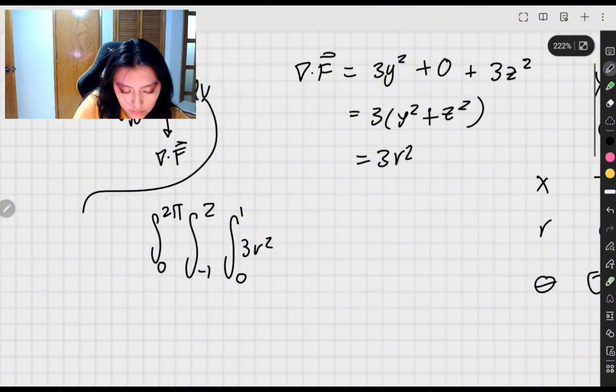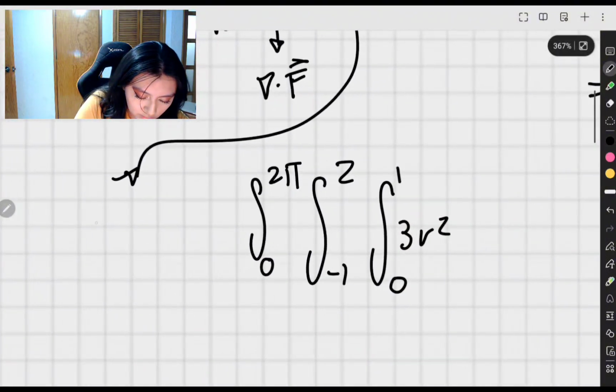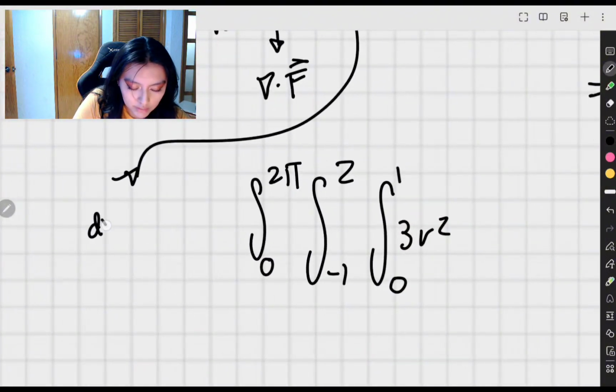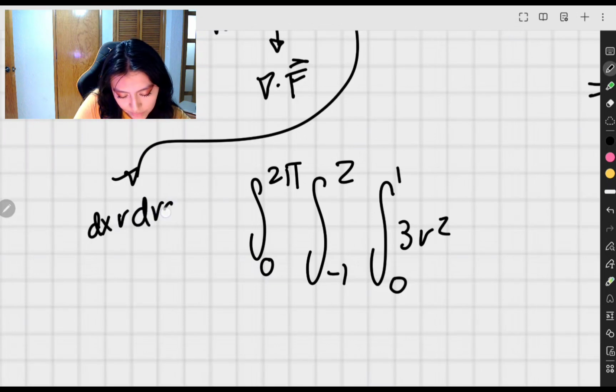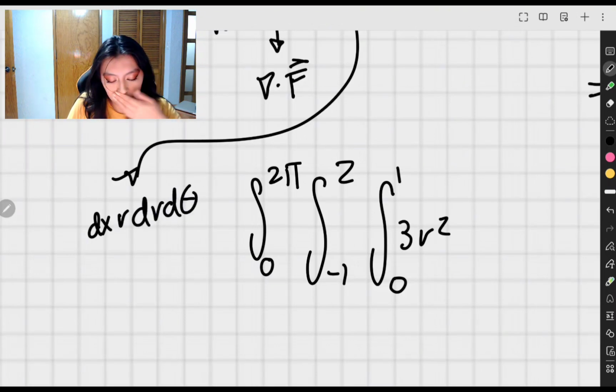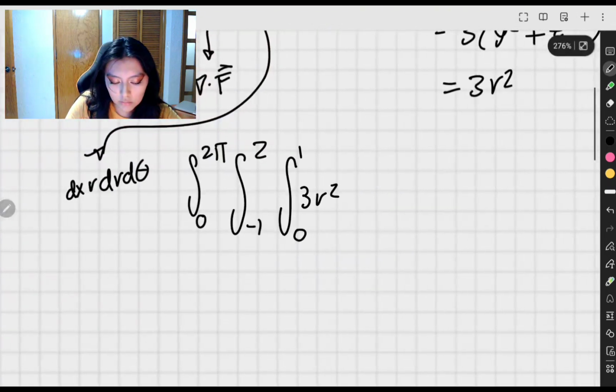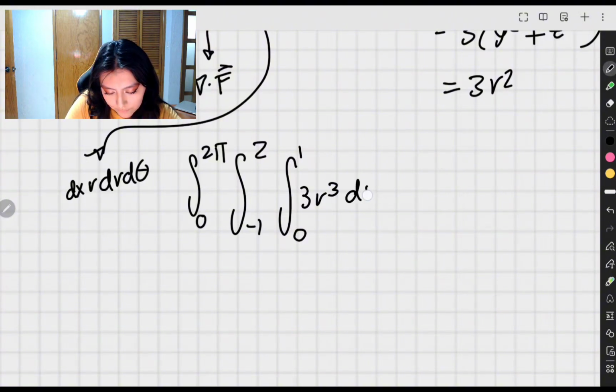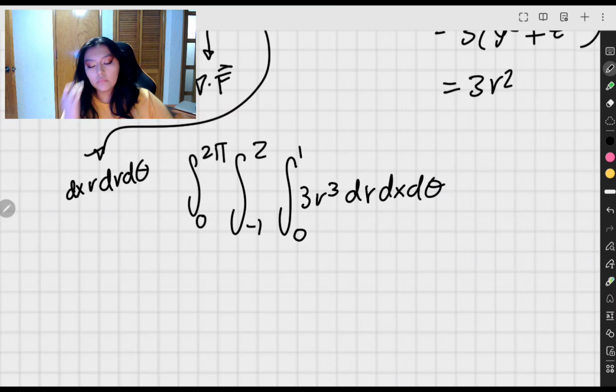The differential volume is dx dr d-theta. So I'm just going to multiply the r directly, and we get this. Now these are really simple integrals.